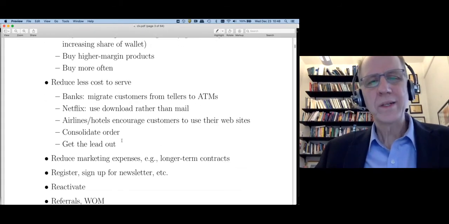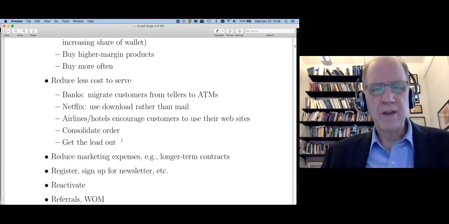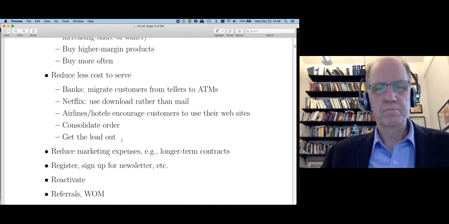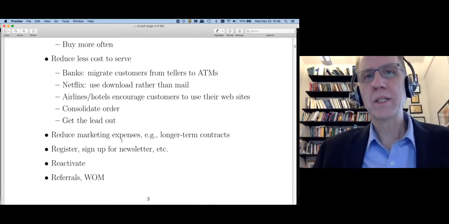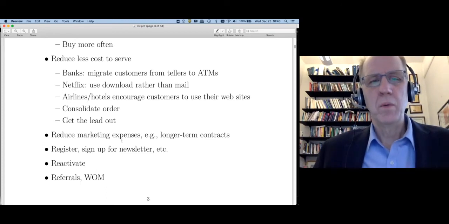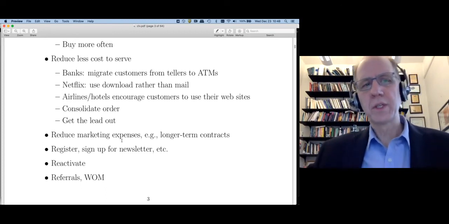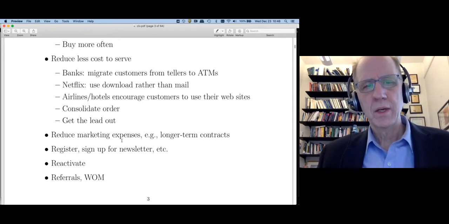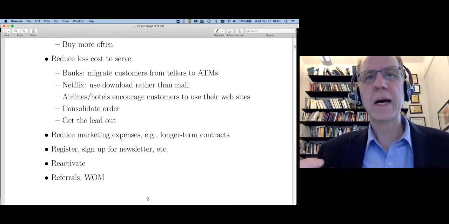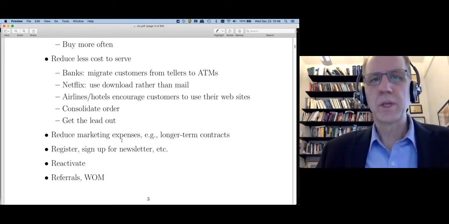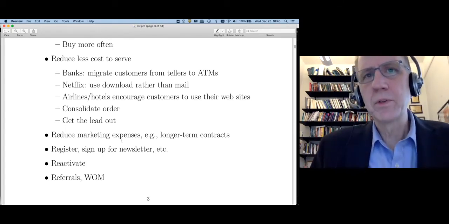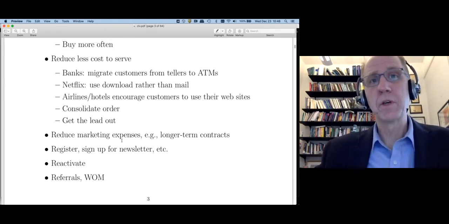So if you can get me to commit to a 2-year contract with you, I become a better customer. There are other ways of increasing the value of a relationship. So when you have prospects, an immediate goal, I would call this an upstream goal, is maybe you want me to just sign up for a newsletter. So when I sign up for a newsletter, I'm allowing for a firm to market to me.